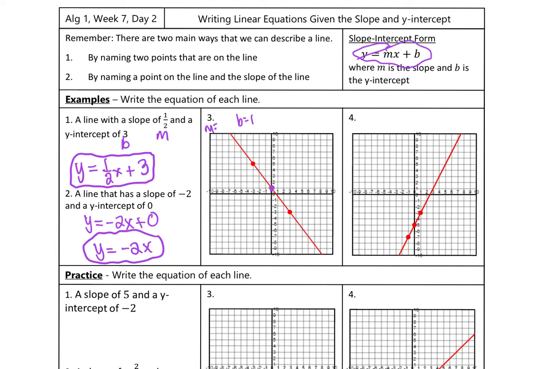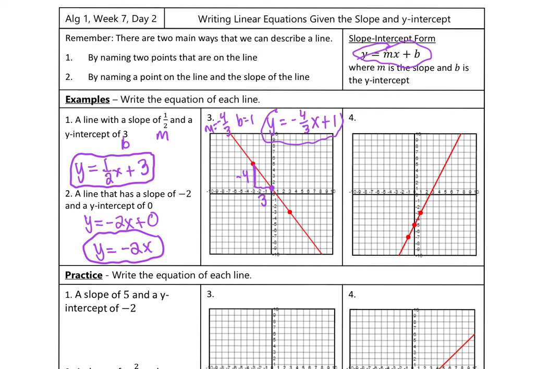Our slope we need to count out here, so I'm going to make myself a little triangle to count rise over run. It's going down 4 and right 3, so that's -4/3 for our slope. And so that is y equals -4/3x plus 1. That's the answer.